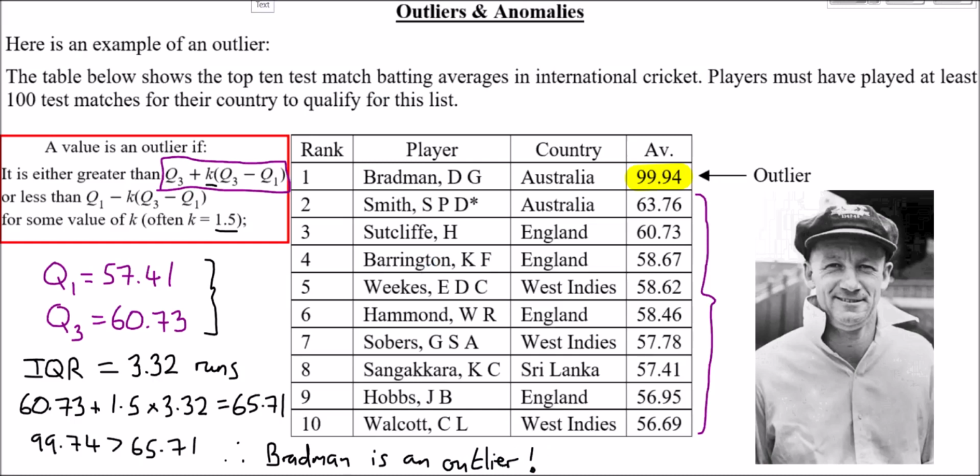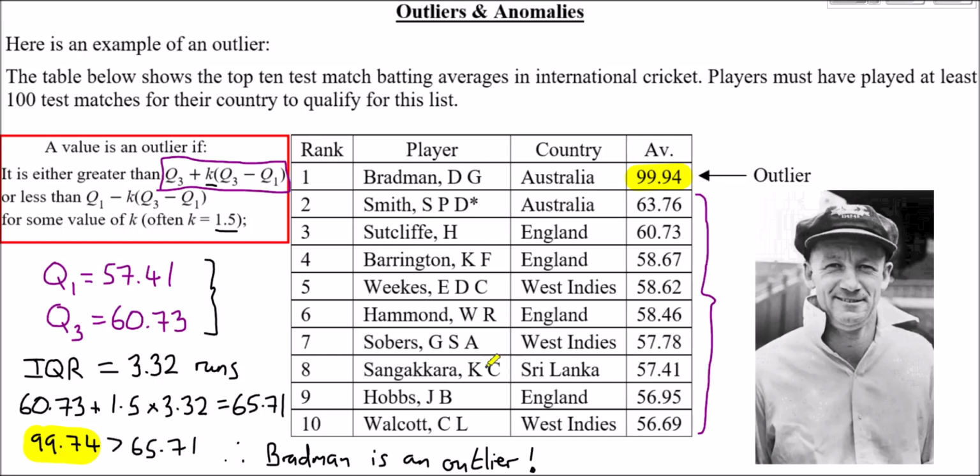No mistake. And because he's such an outlier, because this is such an achievement over so many tests, it's often called by some experts the greatest achievement in sporting history, to maintain that average over multiple tests. That will never, in my opinion, ever happen again.